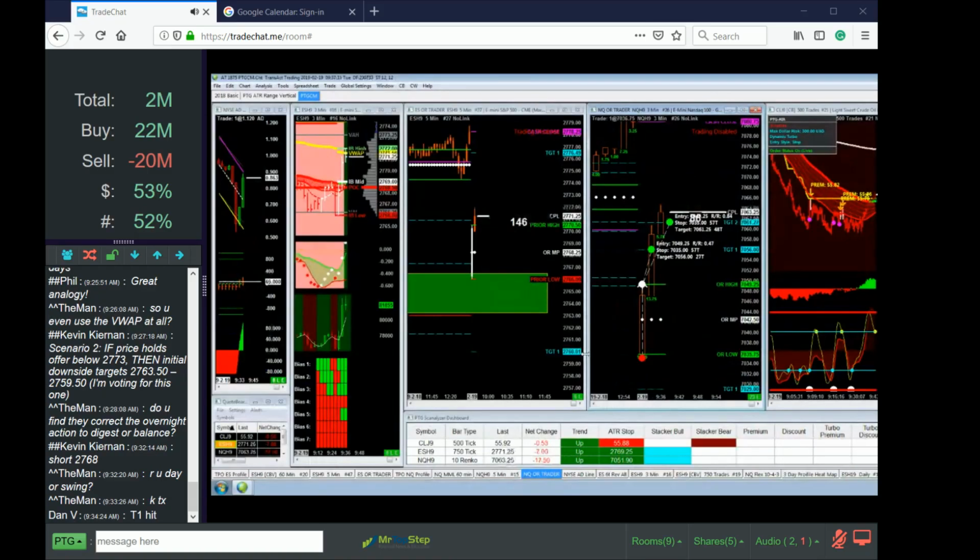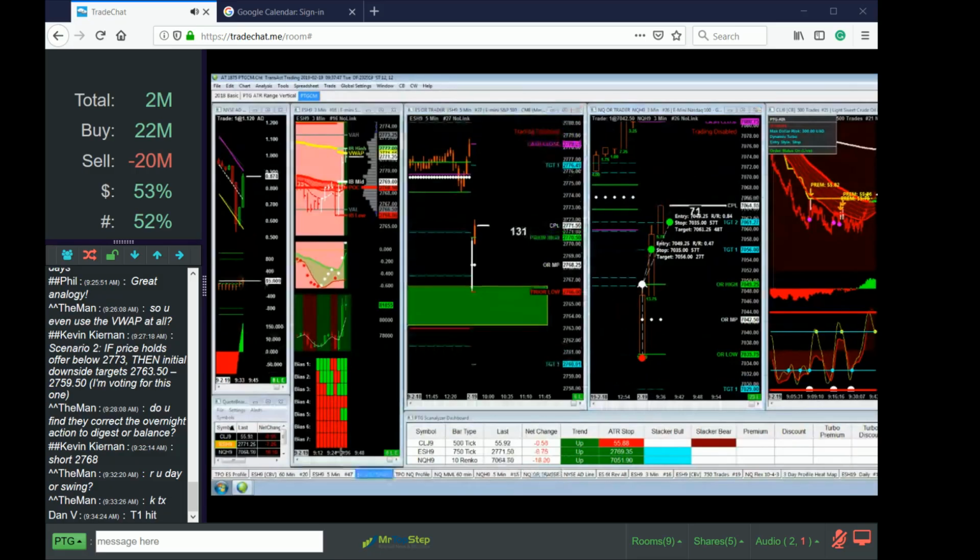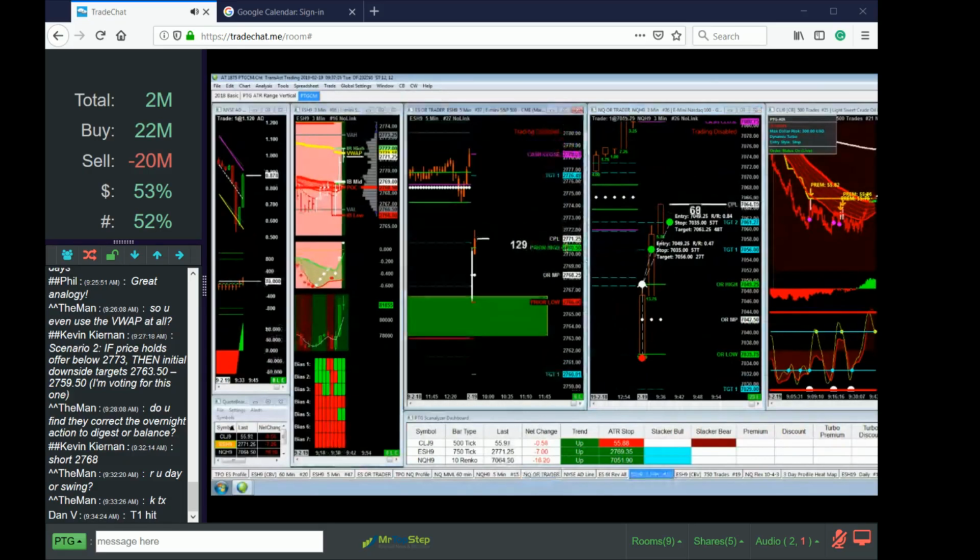How many of you out there, while we're scanning here, do actually use the opening or trade some sort of an opening range, for our guests? Anybody out there have some sort of an opening range strategy that they use?